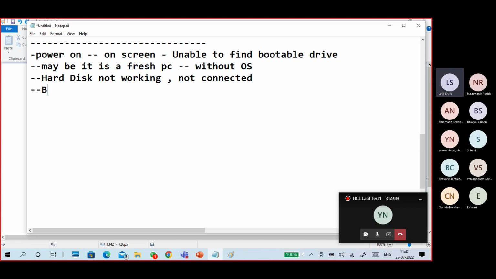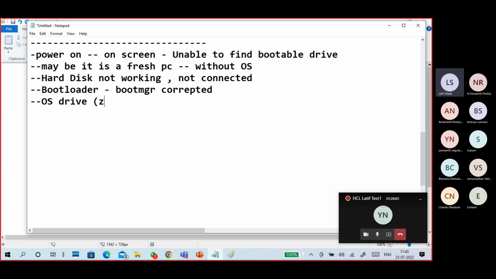Next, bootloader. In our case, boot MGR corrupted. Okay, bootable partitions. Okay, OS drive. OS in the C drive, right?